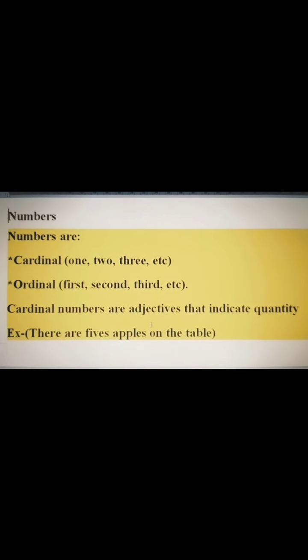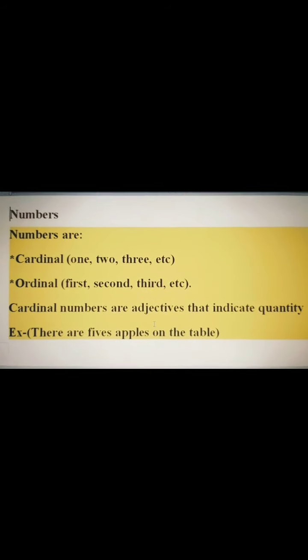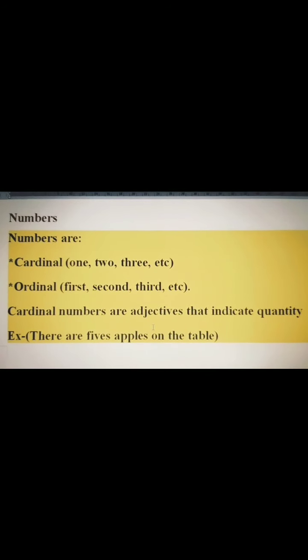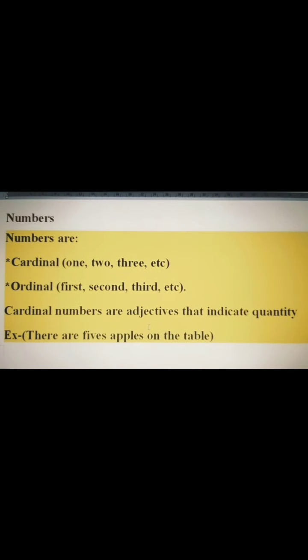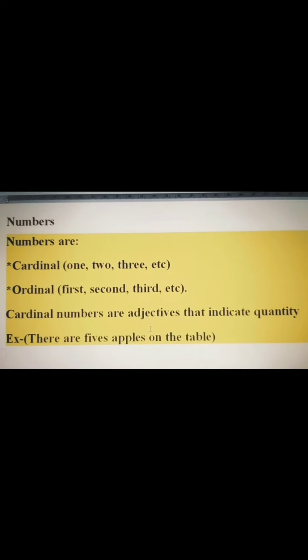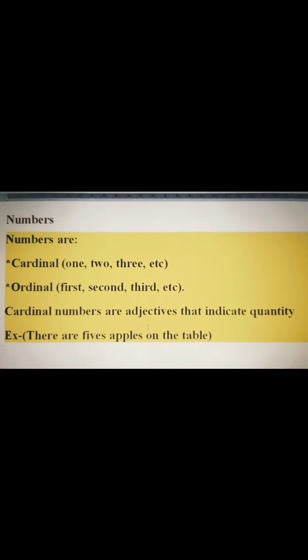We know very well that numbers are divided into two parts, cardinal and ordinal. Side by side, quickly write down the heading numbers and under that write down cardinal and ordinal. Cardinal means when you are talking about 1, 2, 3 in that manner. Ordinal is when you are talking about first, second, third in the same series.